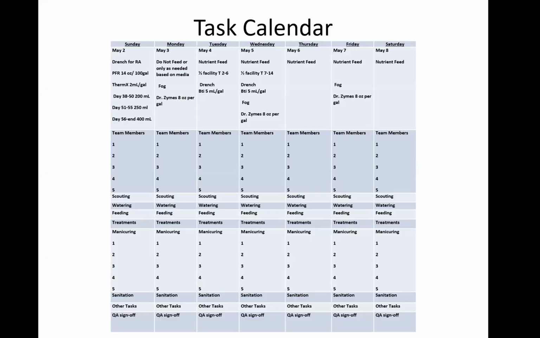I find it very beneficial to have a task calendar. This is what I was talking about, having posted in your workspace, where you have a daily, weekly accountable log to determine who's working, who's doing what task, and as far as treatments go, what the label requirements are for that particular treatment per finished gallon, so that there's no questions.